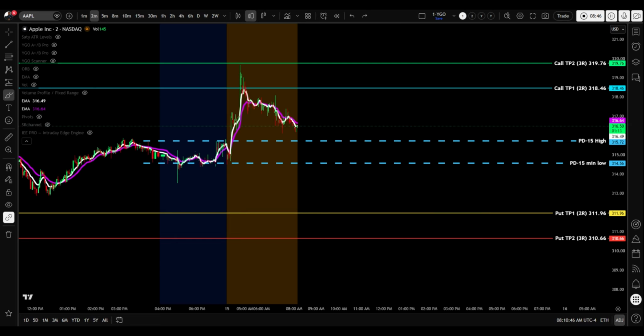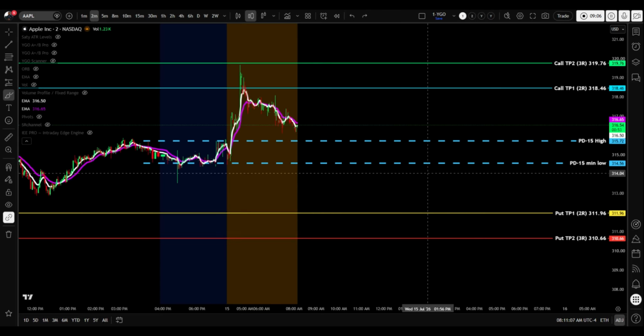The put scenario is in the opposite direction. It basically needs to break the PD 15 low, and then, like I said, displacement coming down, then retest and reject.